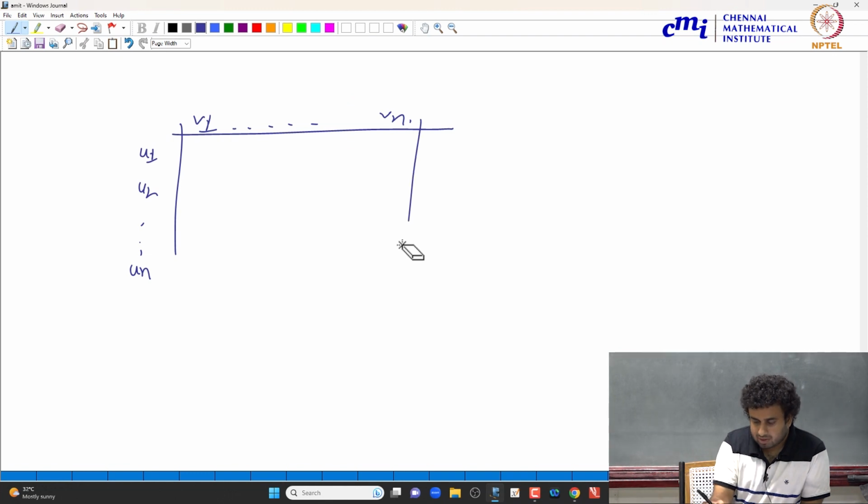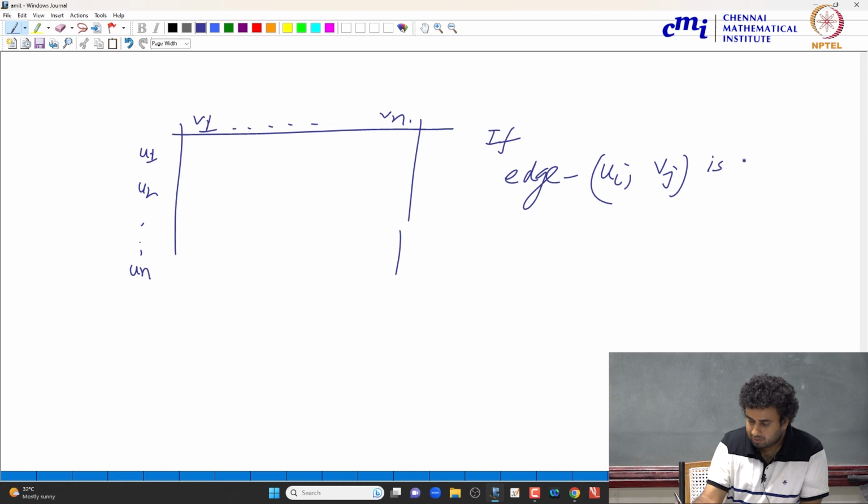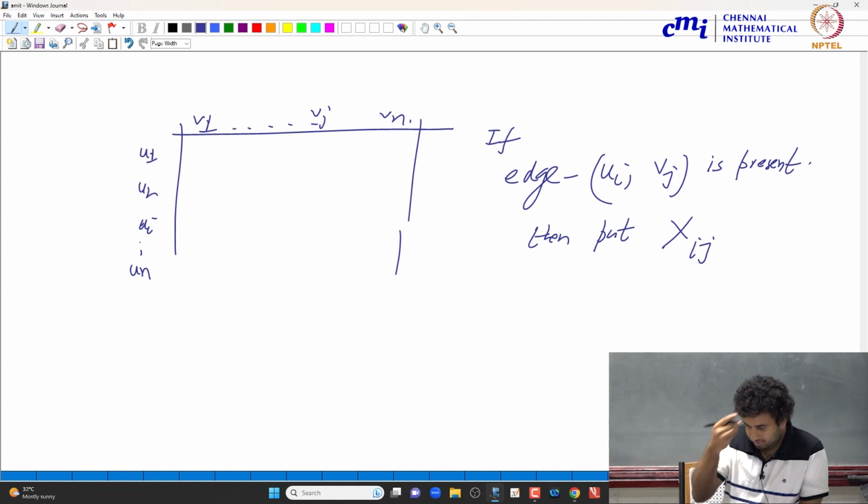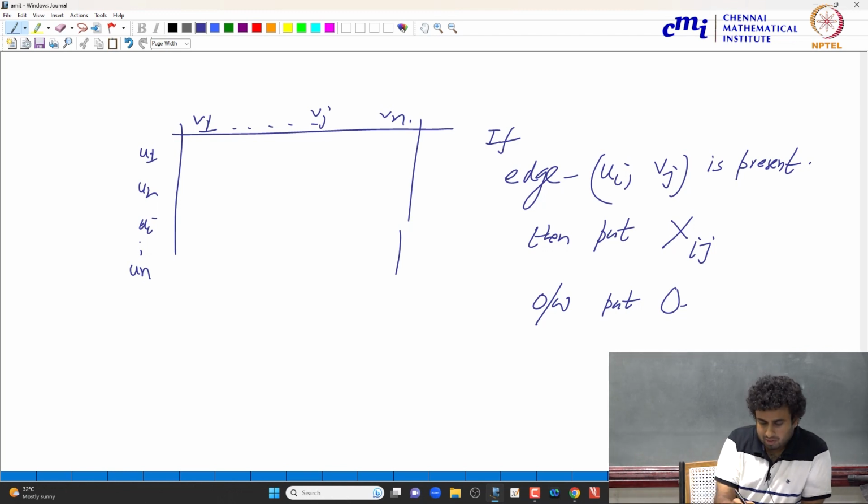Now, if the edge ui, vj is present, then put xij, where x is a symbol, a variable, in this matrix. Otherwise, you keep it 0. Let us call this matrix M.